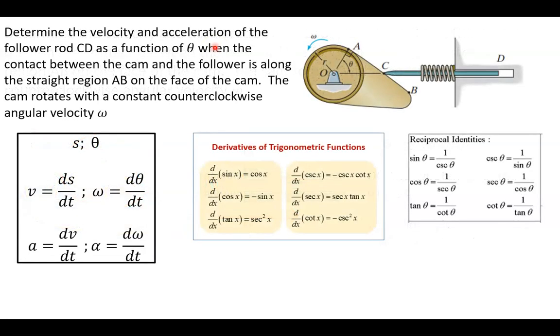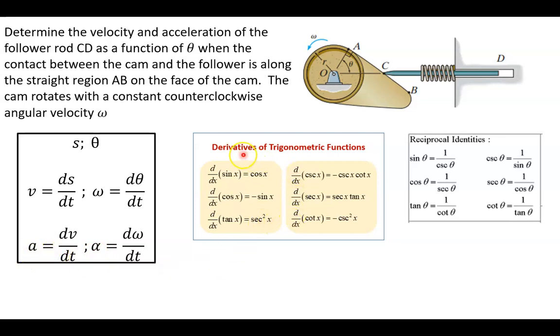So when we look at this, we're going to go back to this relationship. We've seen this in a couple of videos of displacement of S and theta, and how in both cases, the derivative with respect to time gives us omega or velocity, angular velocity or linear velocity, and that second derivative gets us angular acceleration or linear acceleration.